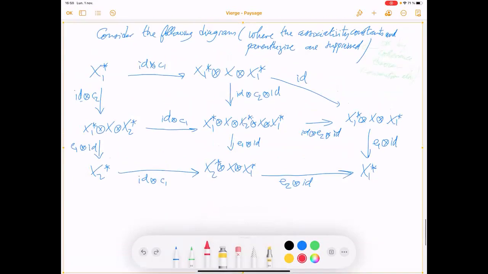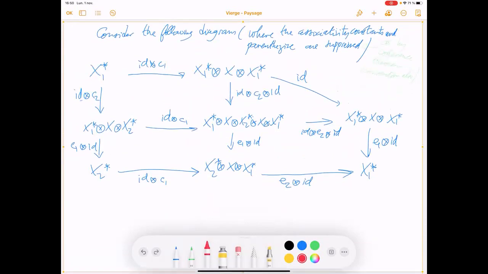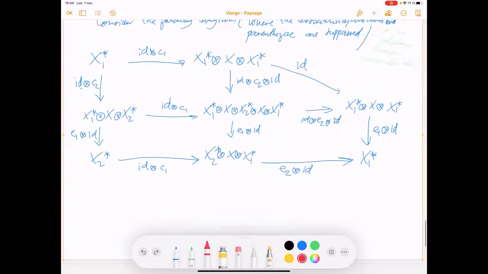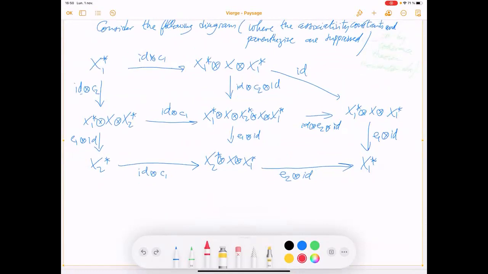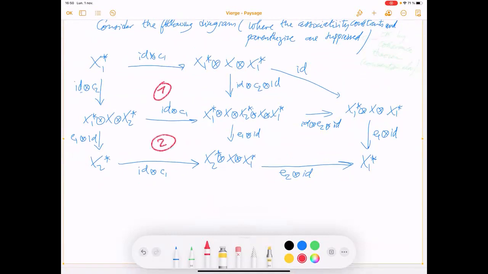Okay. So we want to show this diagram commutes. We will decompose the proof of the commutation of this big diagram in two parts. So you have 1, 2, 3, 4. What about 1?